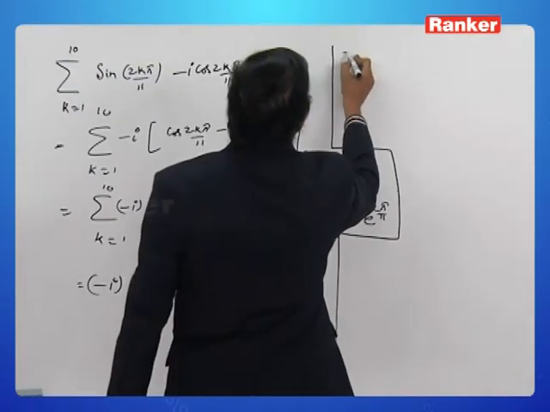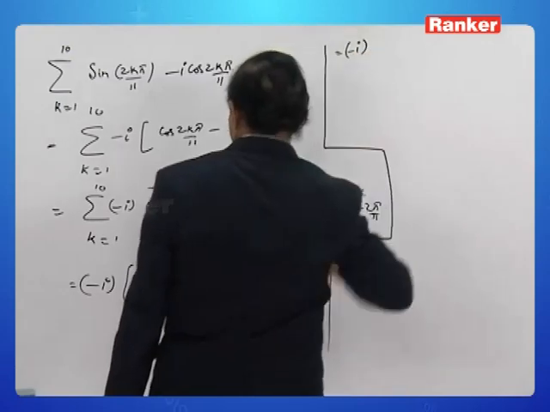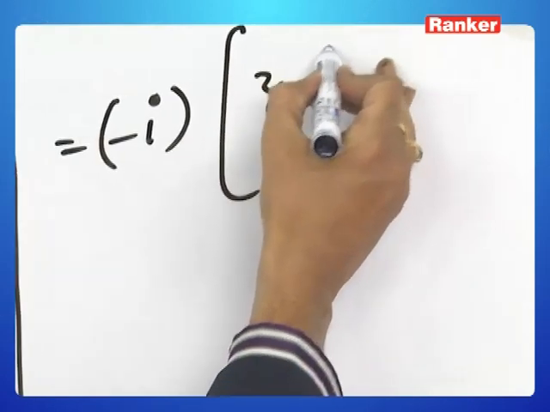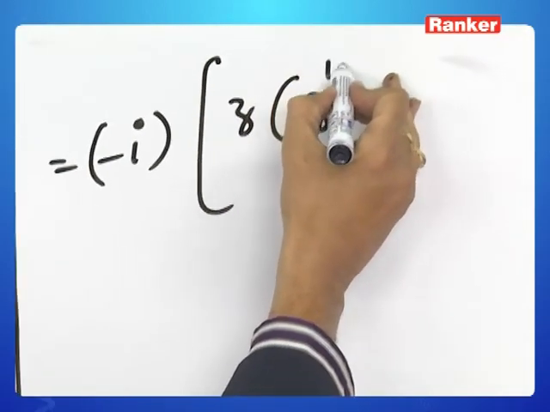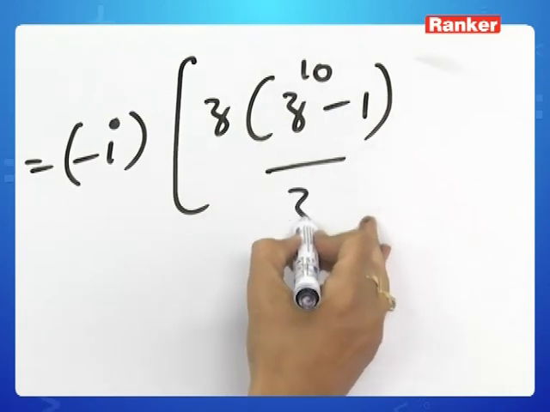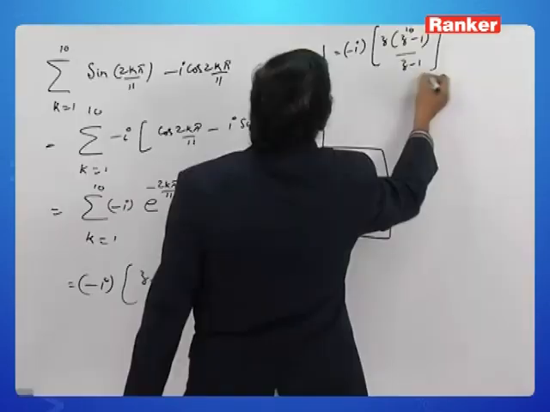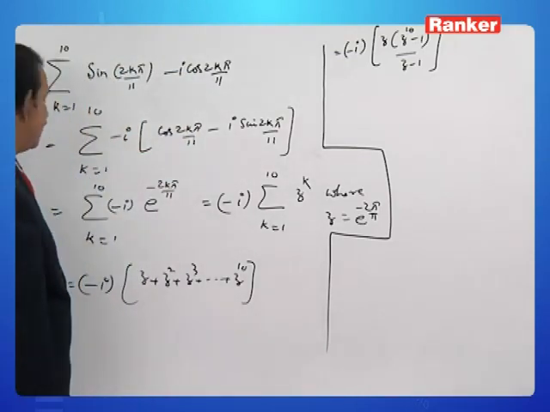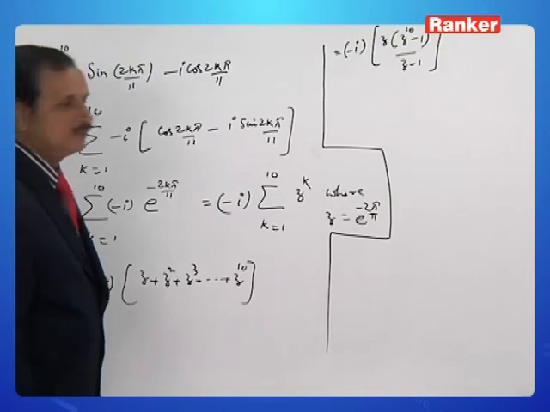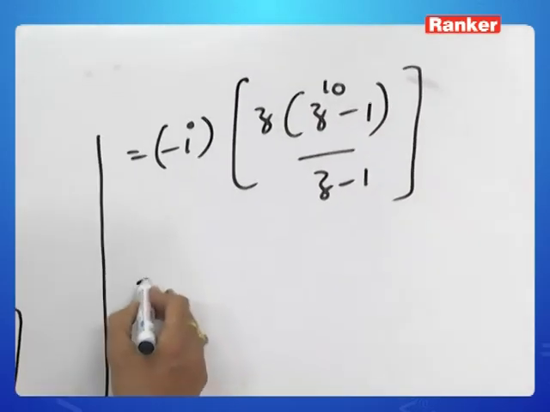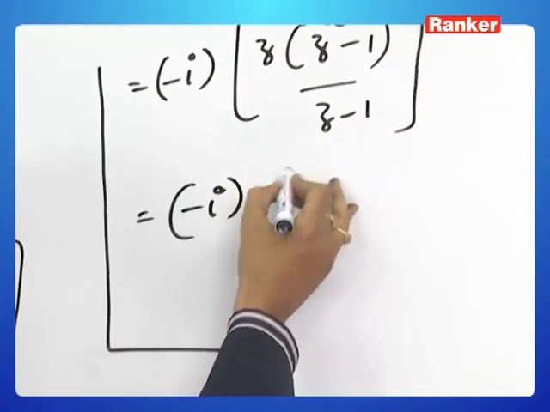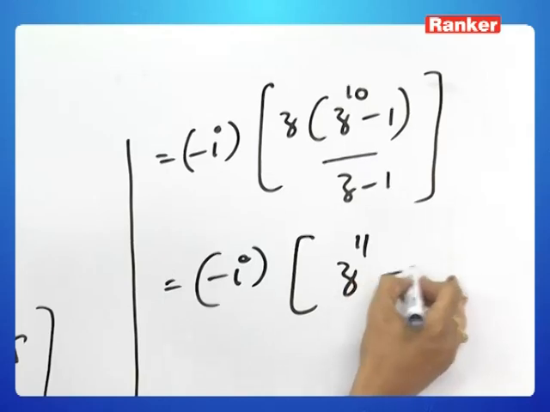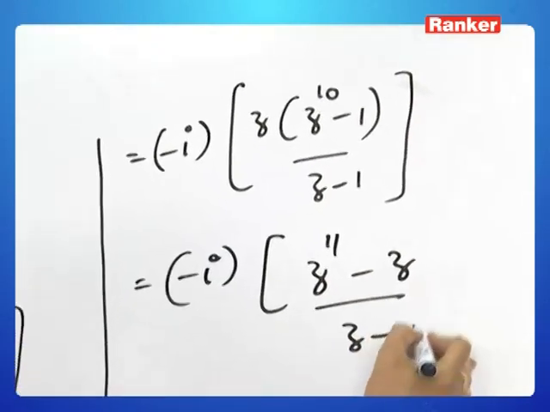This is equal to minus i into z into z power 10 minus 1 by z minus 1. So this is equal to minus i into z power 11 minus z by z minus 1.